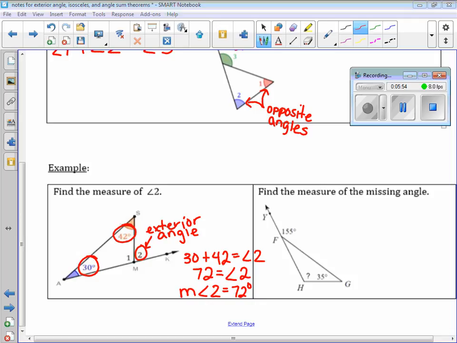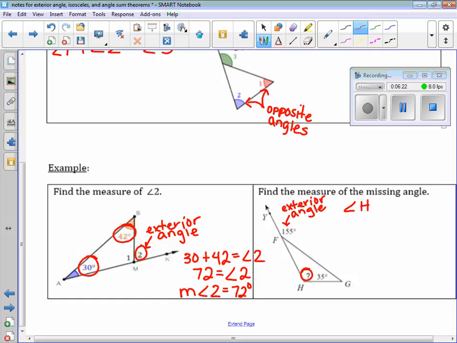In the second example, we are told to find the measure of the missing angle. So we look at the figure. They're looking for one of the opposite angles. So we have our exterior angle is 155. Well, I know the sum of the two opposite angles is equal to the exterior angle.